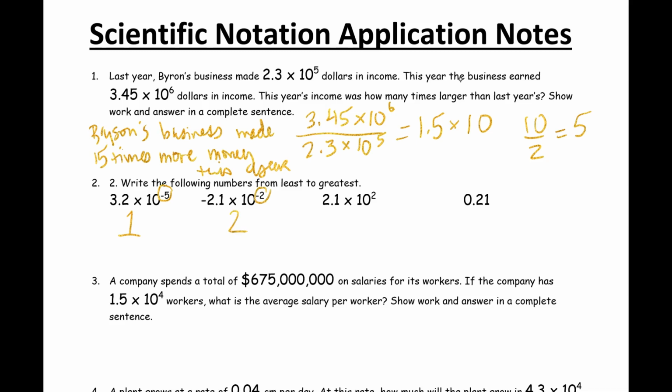So we're looking at 2.1 times 10 to the second and 0.21. Okay, so we know that this number is going to expand to the right twice, so that's going to be 210, and we know that 210 is actually smaller. Oh, Mr. O'Neill, I did not see that negative sign. Goodness gracious, going too fast. Any negative number is the smallest number because any negative number is smaller than a positive number.